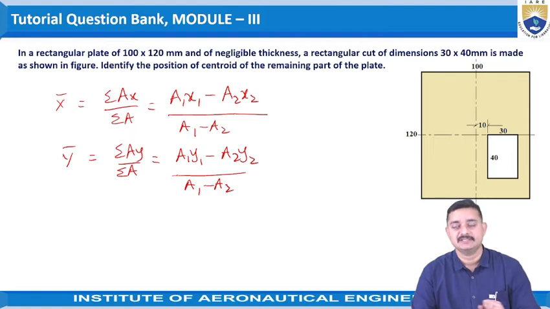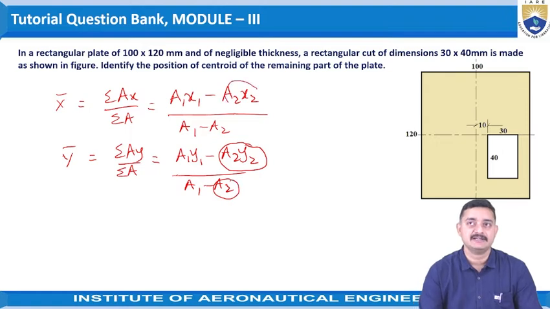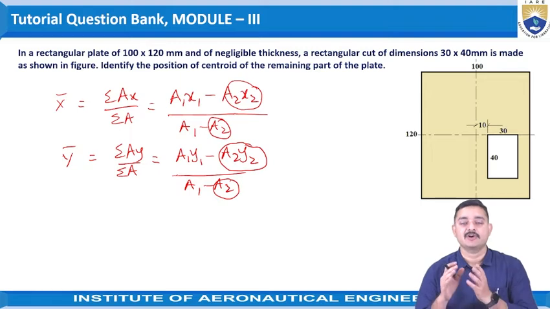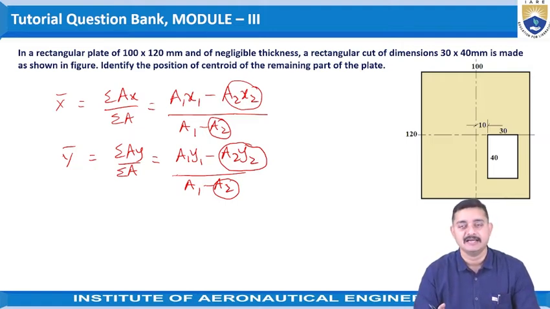Here, as you can see, the second part's details will be subtracted from the first part's details, so that whatever non-material shape is available here will be removed. After removal of that particular shape, the centroid of that object can be identified.